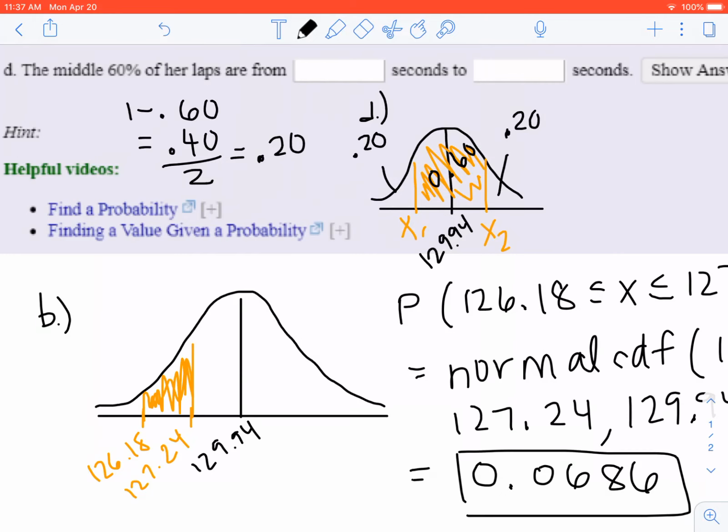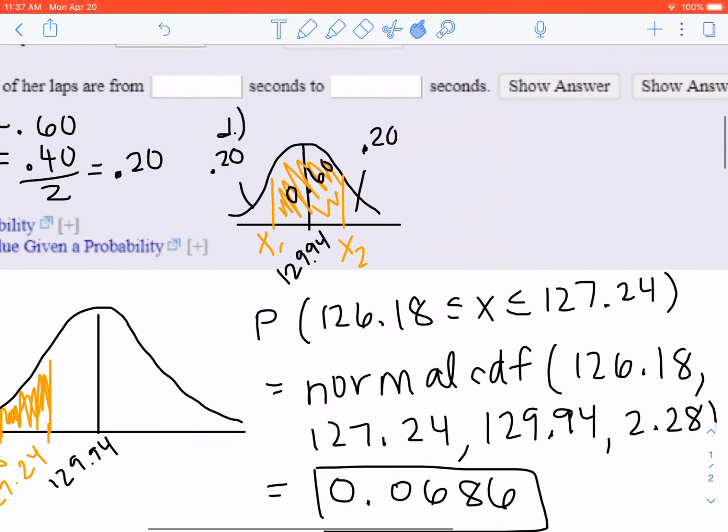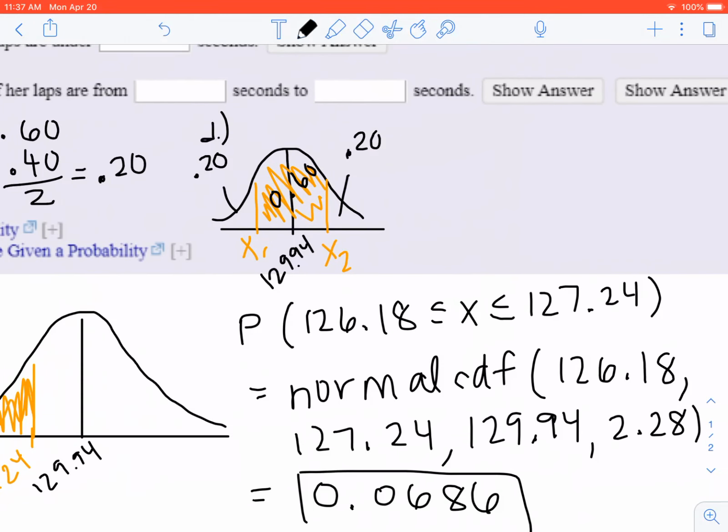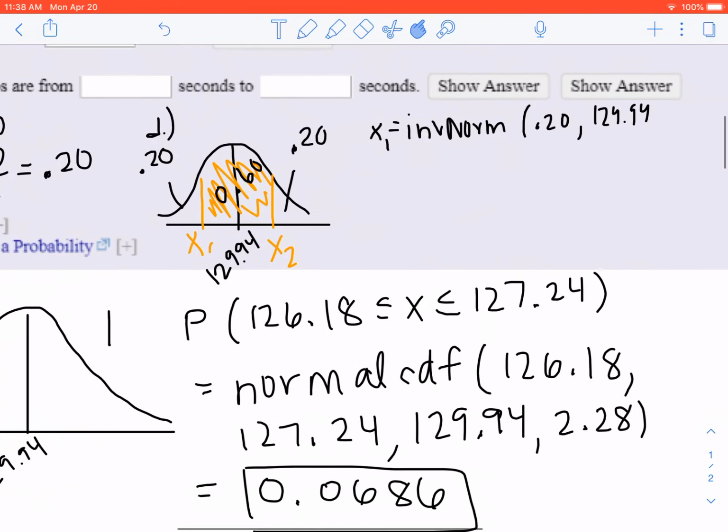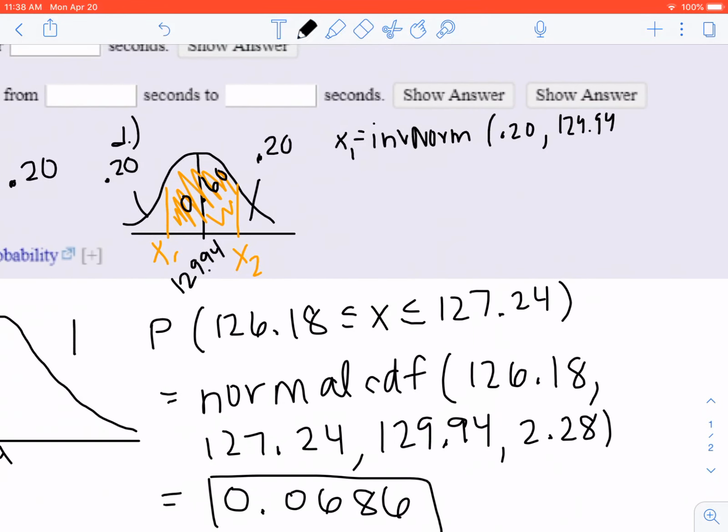So in order to find x1, we have to use inverse norm. And so we have x1 equals inverse norm. Area to the left of x1 is 0.2. The mean is the 129.94. And then our standard deviation is 2.28.